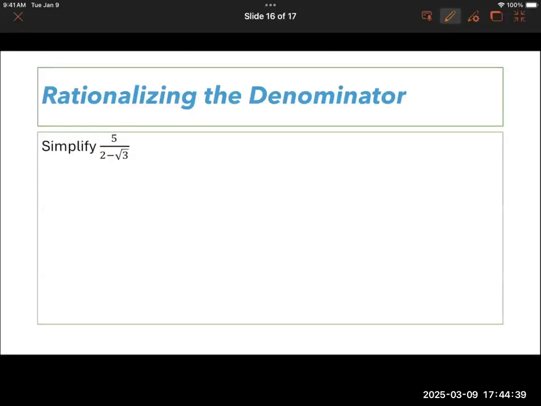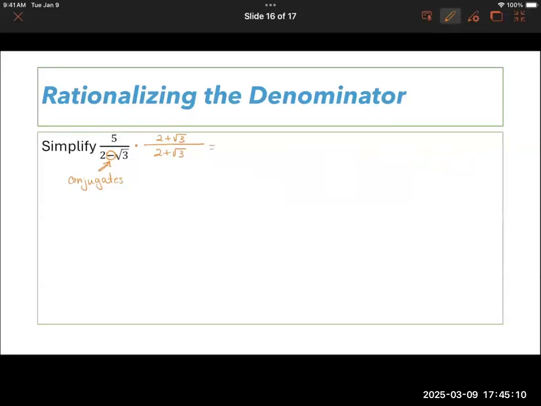But if it is a square root, the trick in this case is to multiply by the conjugate of the denominator. Now, you might remember conjugates from our complex numbers. A conjugate just changes the sign that's in between the two terms. So if we're starting with 2 minus square root of 3, we're going to make this a 2 plus square root of 3. And again, what we multiply on the bottom, we have to multiply on the top.